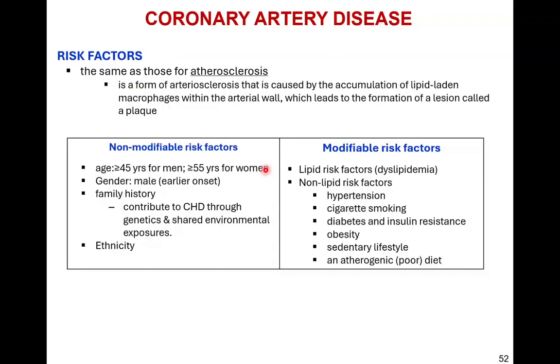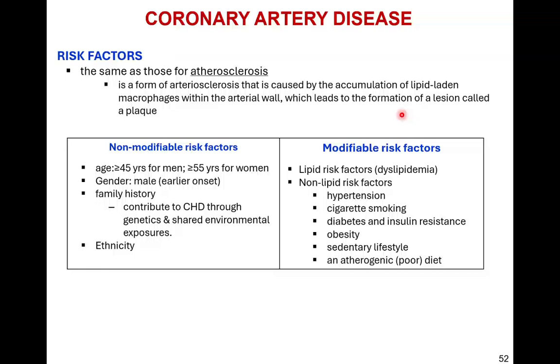In terms of the risk factors for coronary artery disease, they are essentially the same as the risk factors for atherosclerosis, because atherosclerosis is the most common cause of coronary artery disease leading to ischemia. We've got non-modifiable and modifiable risk factors. The non-modifiable ones are the things that we are just born with.